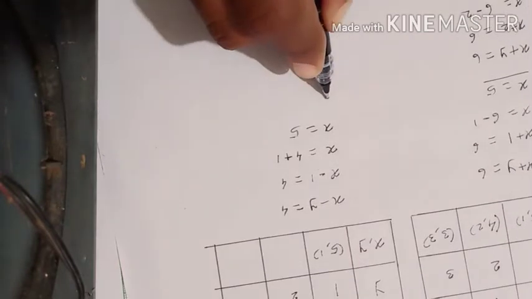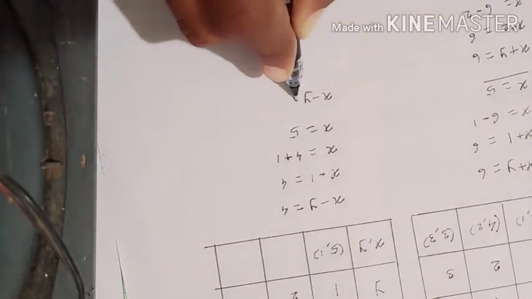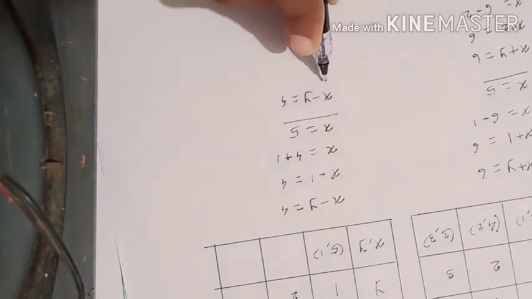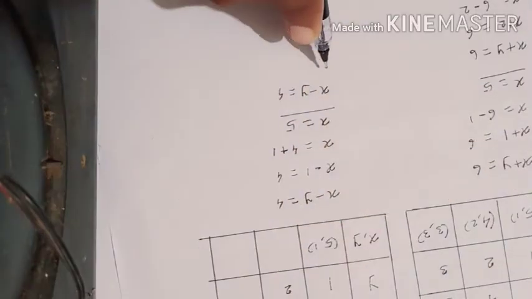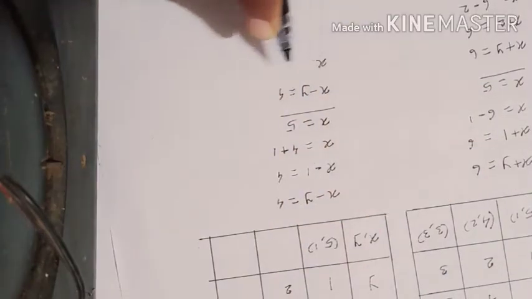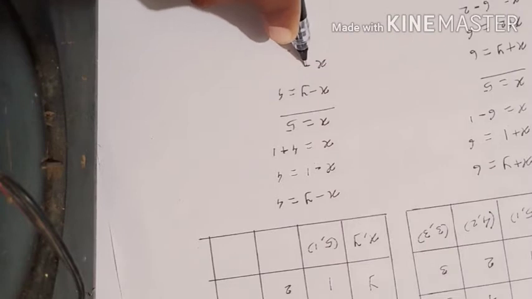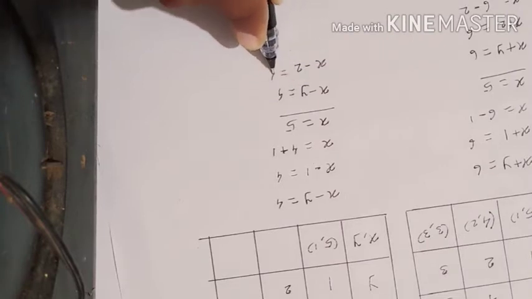Now, we will come to the equation. The equation is x minus y is equal to 4. And the value of y here is 2. Therefore, here is x, the value of y is 2, so it is x minus 2 is equal to 4.